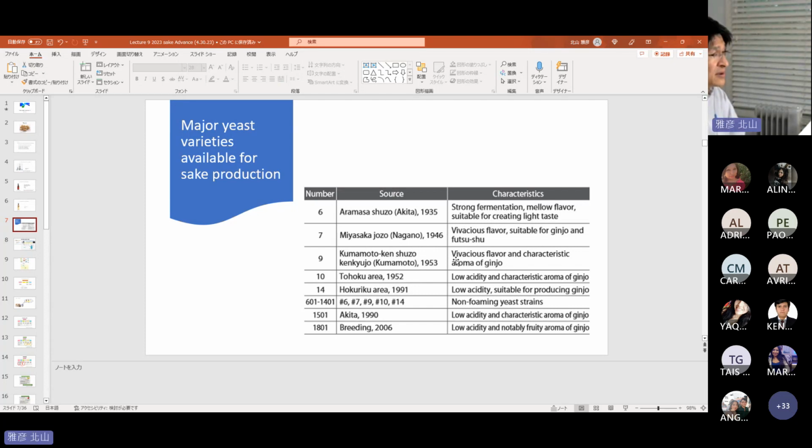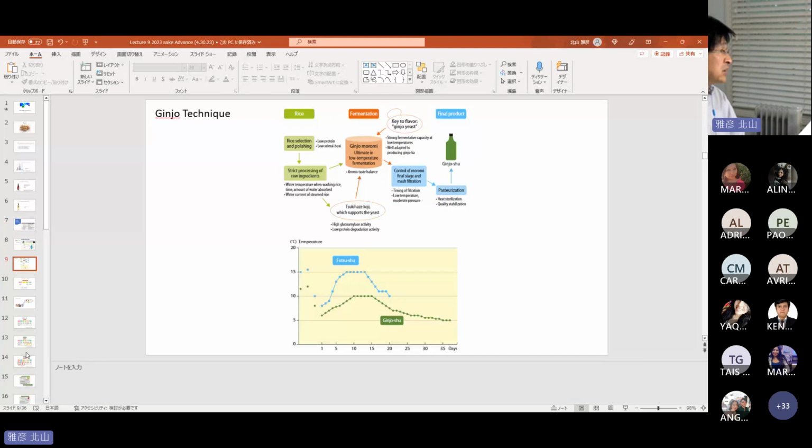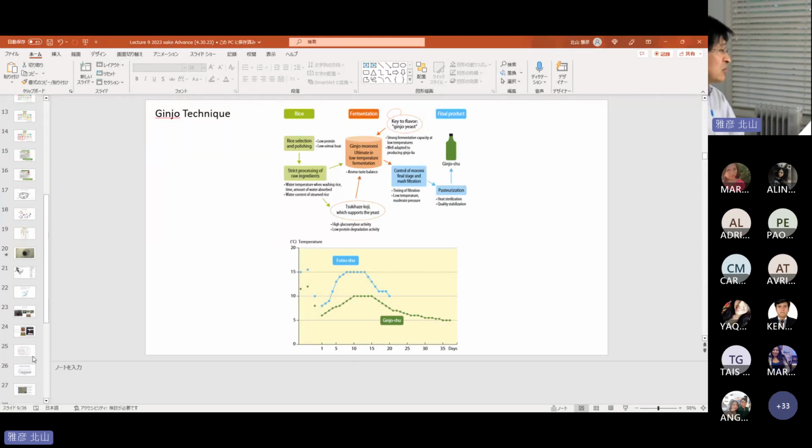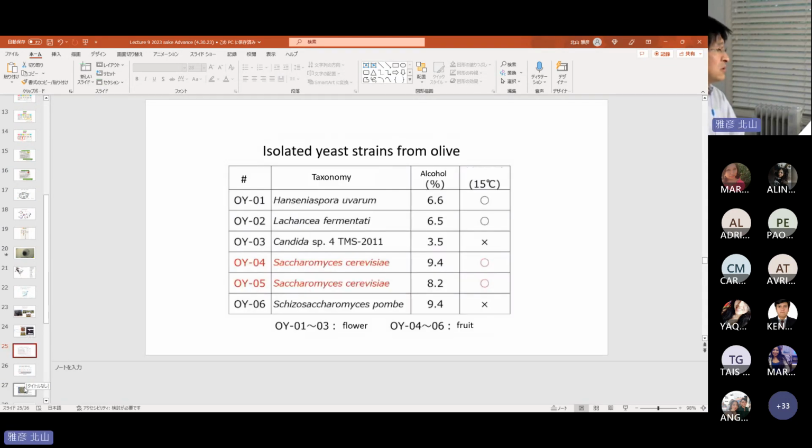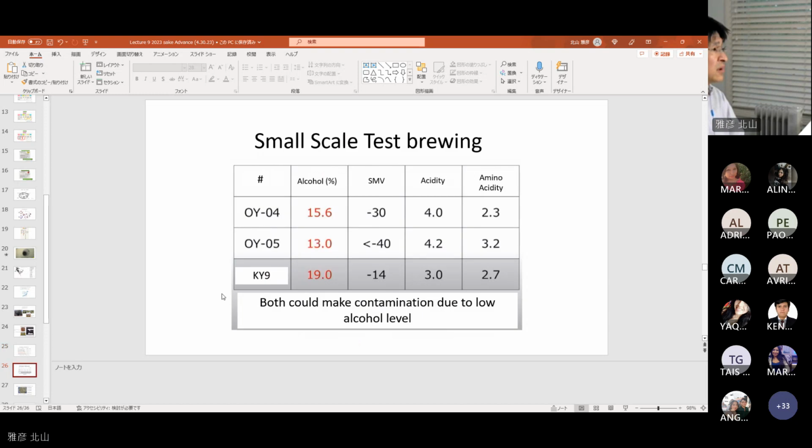It makes sake with a fruity flavor and the characteristic aroma of ginjo. So they used this strain as a control. This strain, number 9, produces more than 19% alcohol.